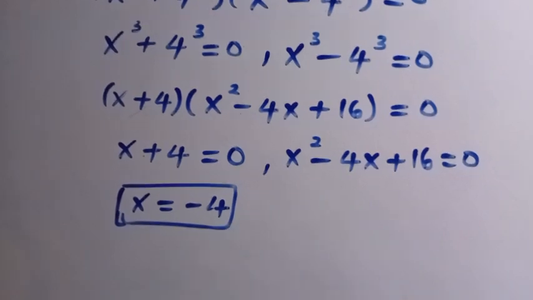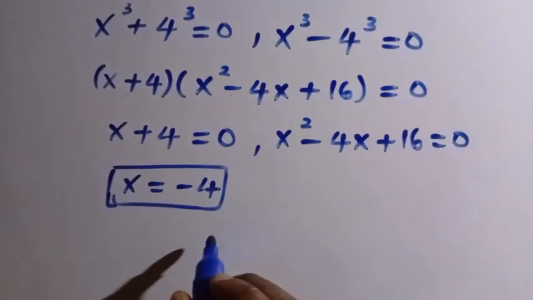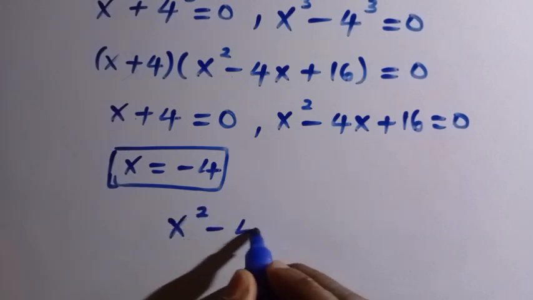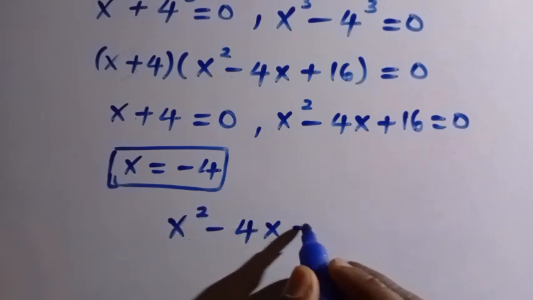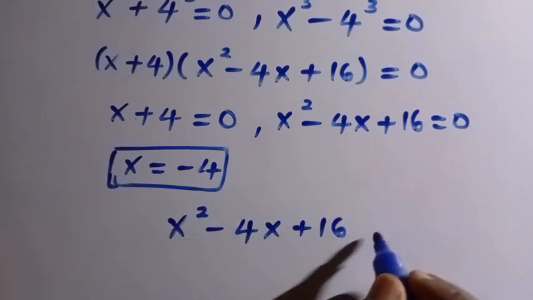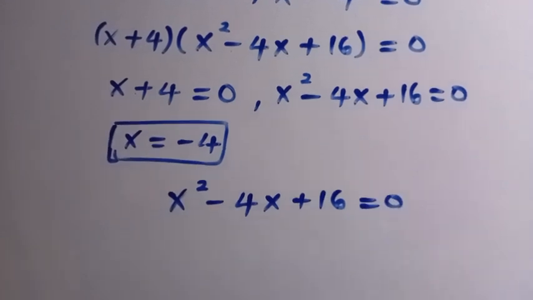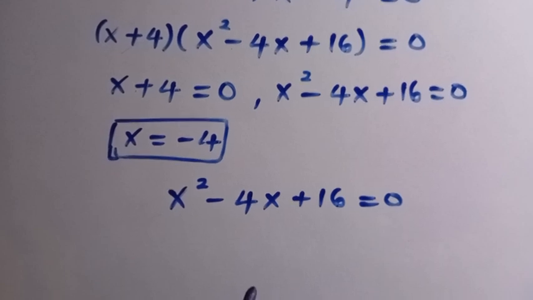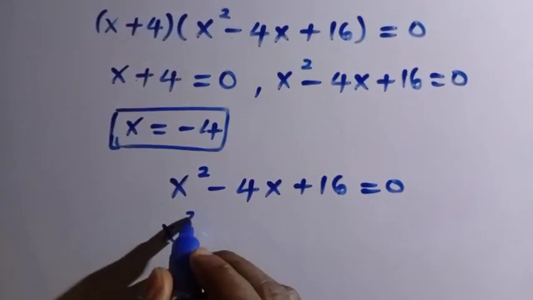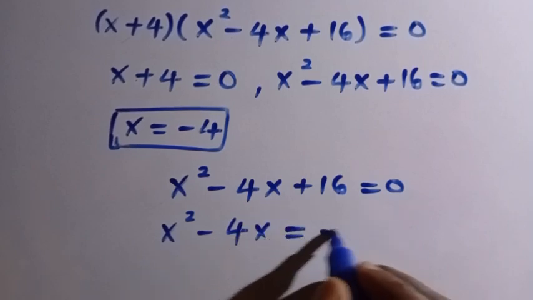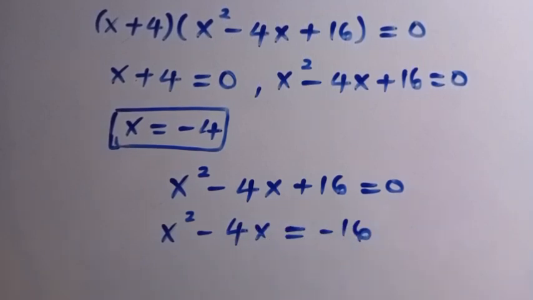And also, by trying to solve this quadratic, we have x power of 2 minus 4x plus 16 equals 0. So from here, suppose we transfer 16 to the other side, we are going to have x power 2 minus 4x equals minus 16.